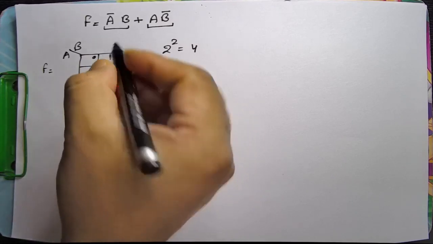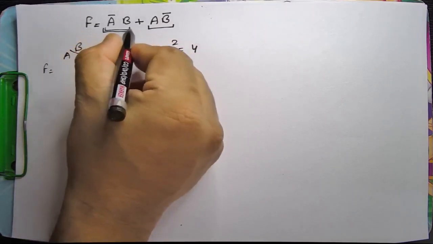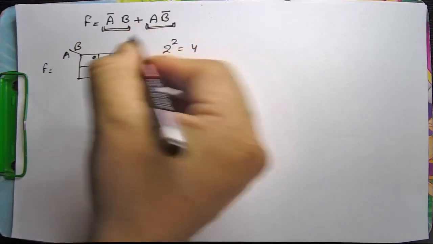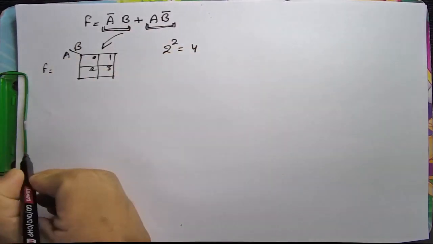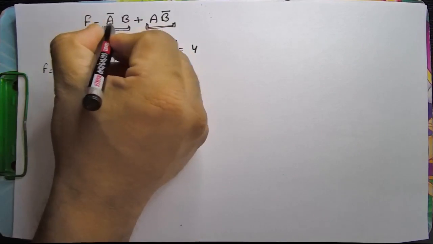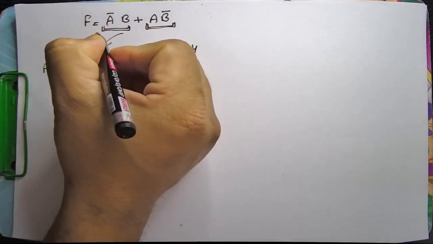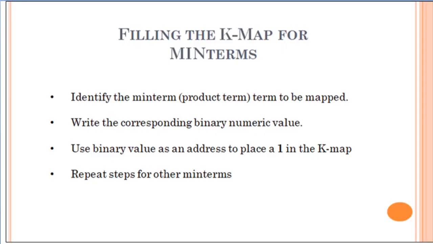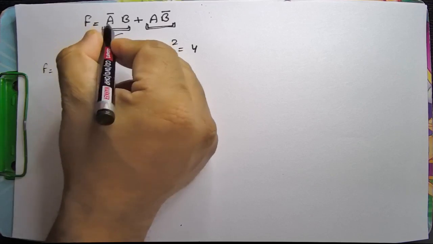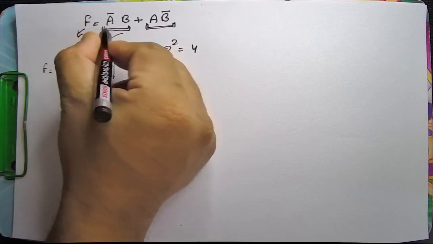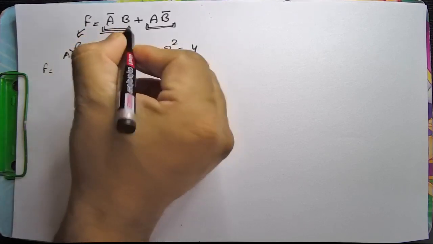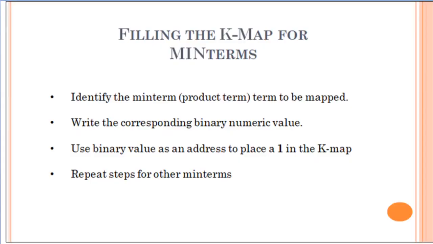Okay, now we have to fill these min terms into this K-map. Now this is a bar b. The first point was to identify the min terms to be mapped. In that particular function we have a term a bar b. The second point is to write the corresponding binary numeric value.